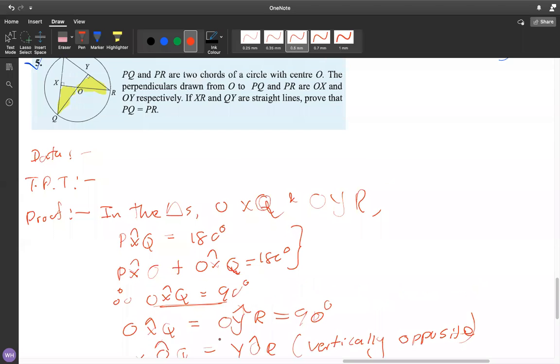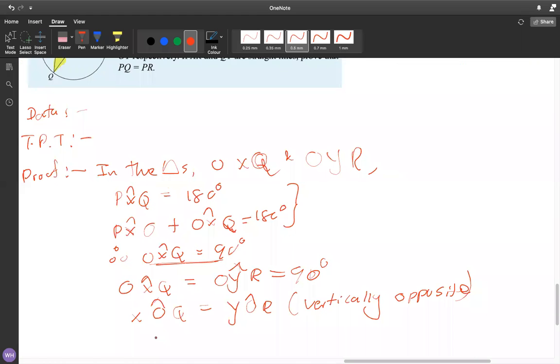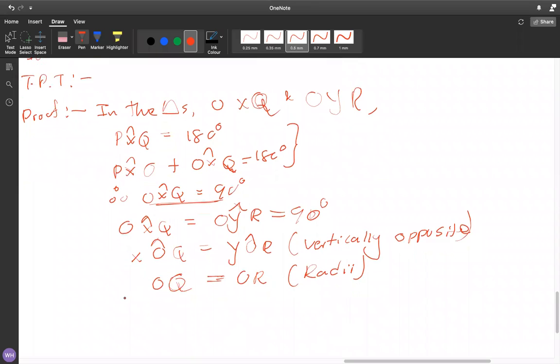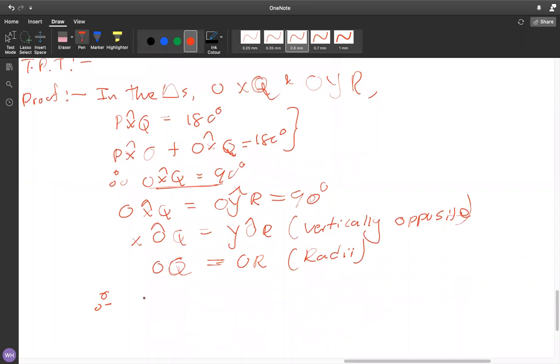And the two sides OQ and OR, OQ will be equal to what? OR, with a particular reason, because they are the radii of the same circle, right? Okay, and we have shown two pairs of angles. Therefore, the triangle OXQ will be congruent to the triangle OYR under the case of angle and side.